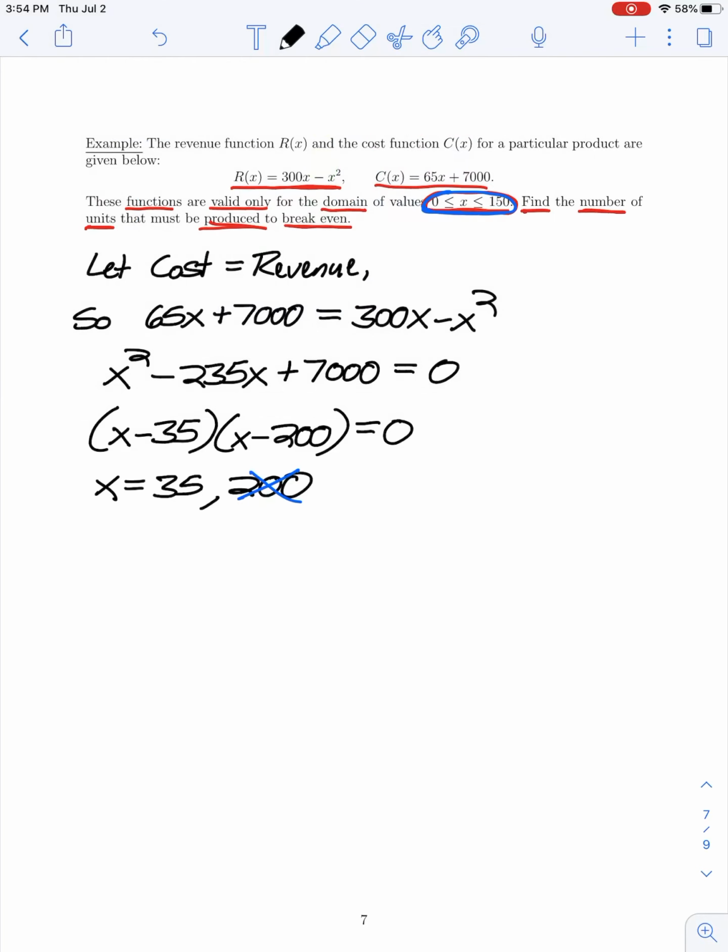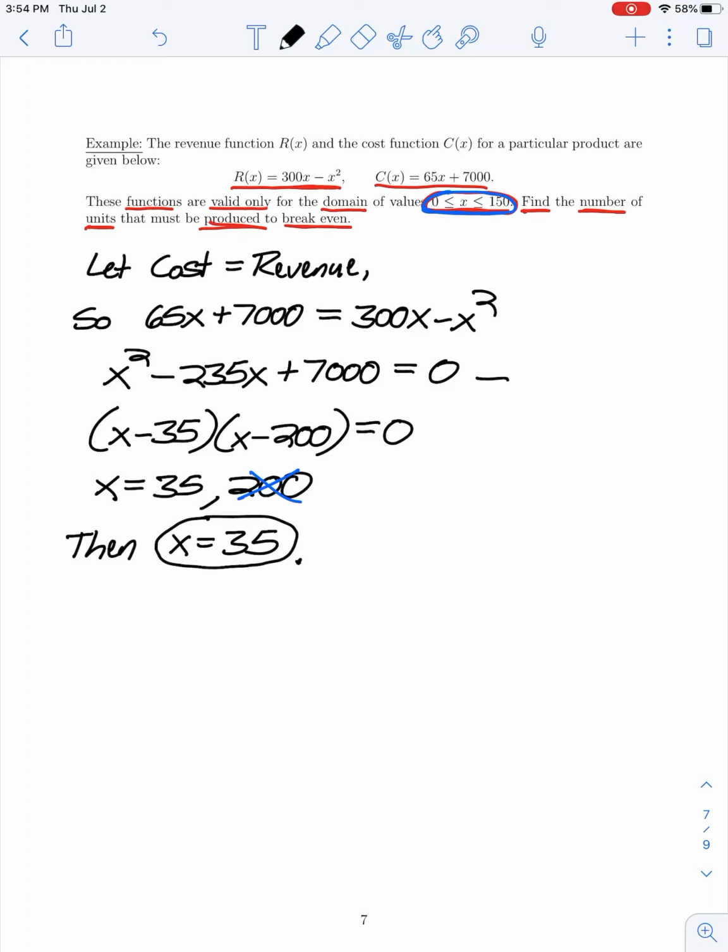So we're left with a value of x equals 35. This would be the number of units that we need to produce in order for cost to equal revenue.